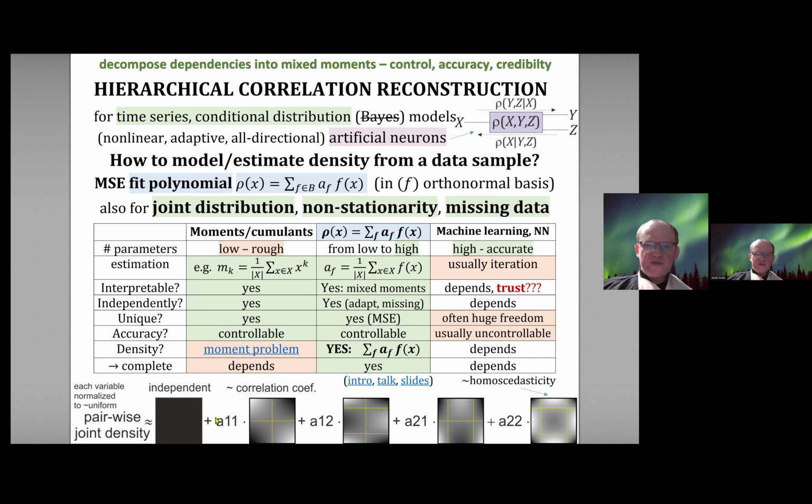Okay, so let's look at simple situations. Assume we have two variables from a uniform distribution. If they are independent, the joint distribution is also uniform. But usually there are some dependencies, and here we describe them by contributions to the density from the orthonormal family. In this one, we can see that going left to right, the expected value of the second variable goes up or down.